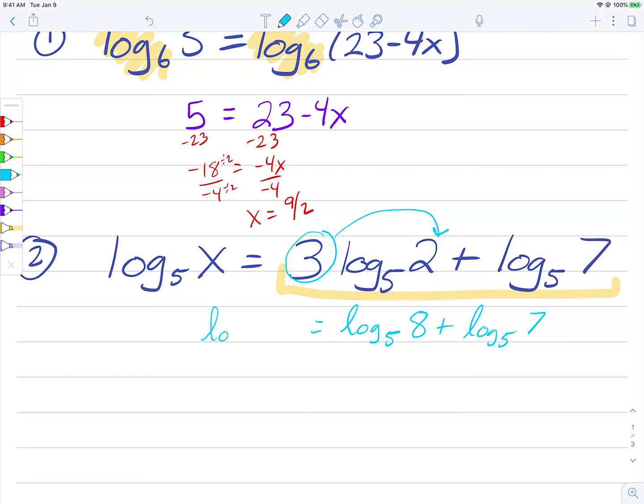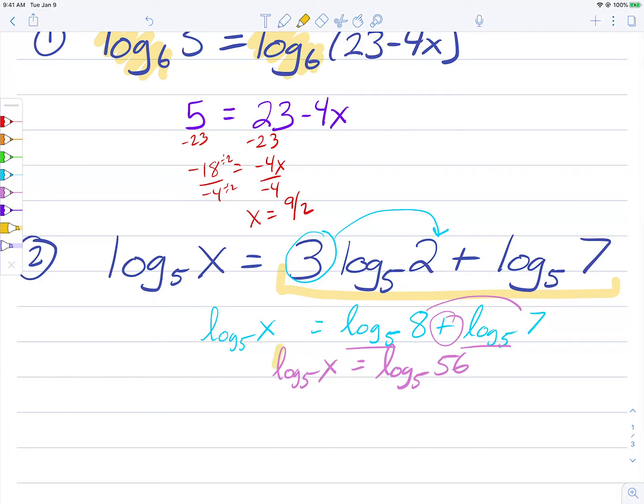And it still equals log base 5 of x. Now I can put those together. If I'm adding with the same log base, then to put them together, I just multiply. So 8 times 7 is 56, and that still equals the log base 5 of x.